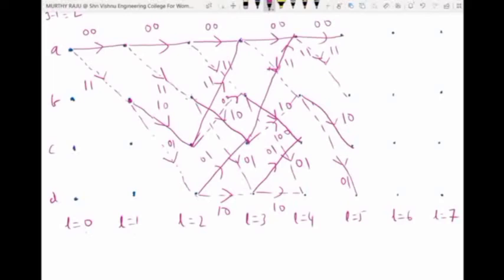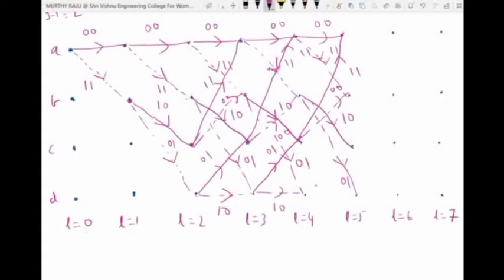Consider C to A, with output 1 1. C to B, with output 0 0.